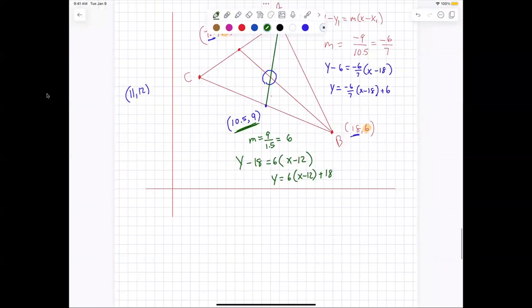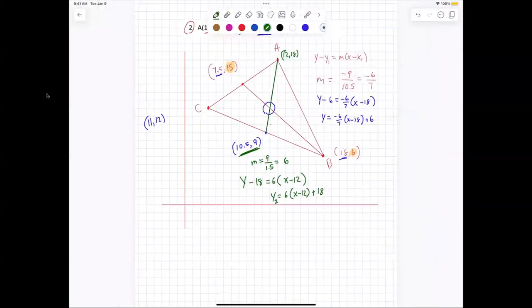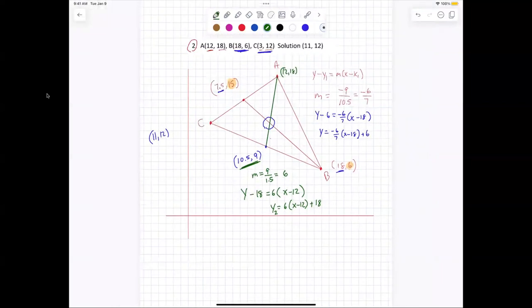And that would go under now Y2. Does everybody agree with that? Yeah. Okay, so now everybody type it in under Y1. Negative 6/7 parentheses X minus 18 plus 6. Then under Y2, 6 parentheses X minus 12 plus 18.